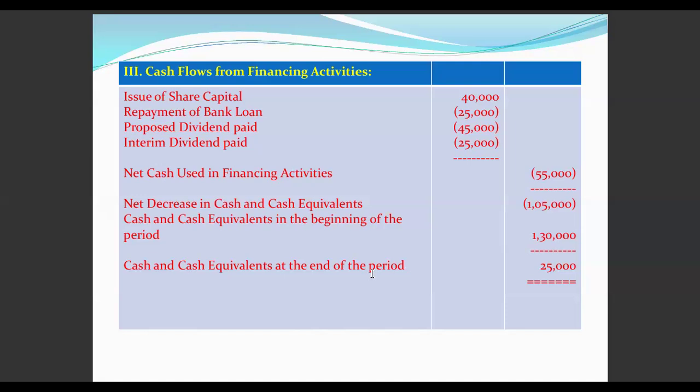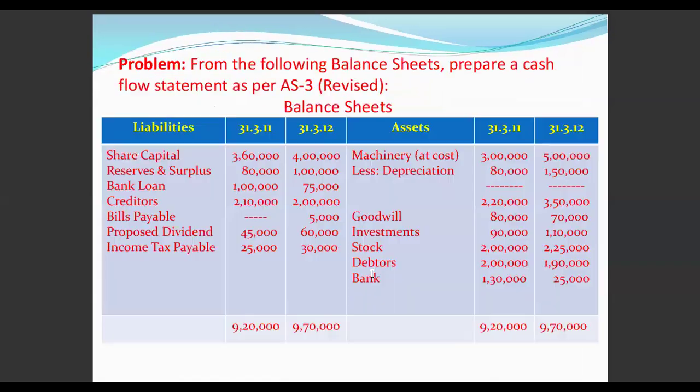Then we calculated the change in cash at bank. The change was earlier 1 lakh 30,000, now it is 25,000. So simply it indicates 1 lakh 5,000, the bank balance has reduced.